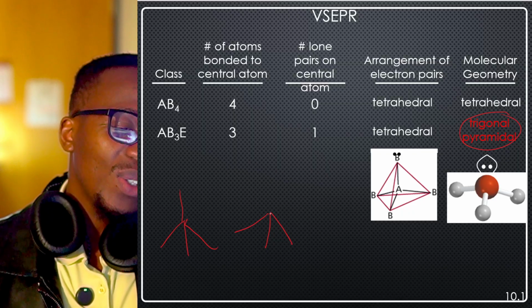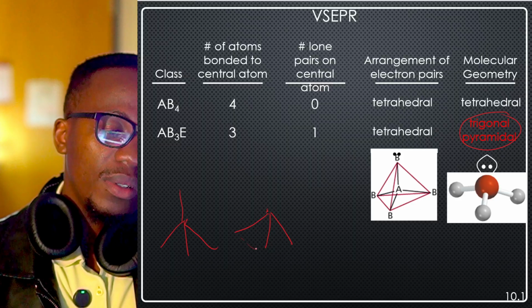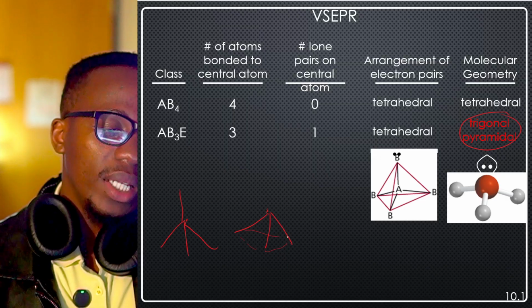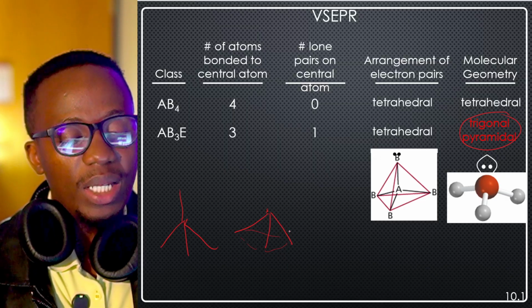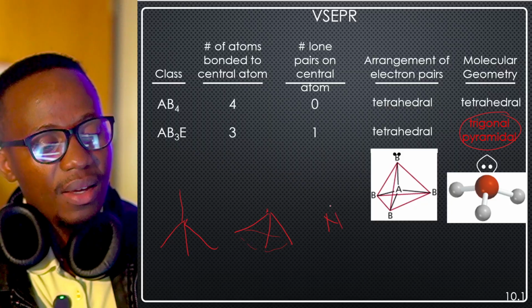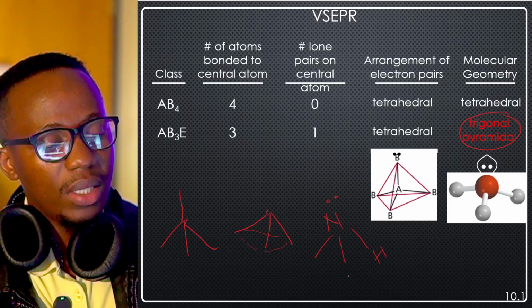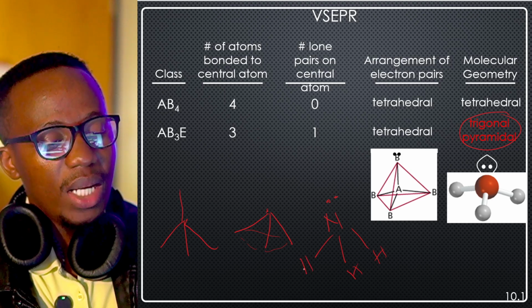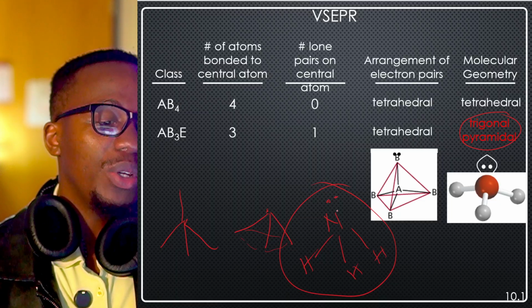It's going to be a pyramid with triangle legs. That's why it's called trigonal pyramidal. The biggest example of that is NH3. N has a pair here, and then it has three hydrogens. So if I ask you what is the geometry of NH3, it's trigonal pyramidal. You get it now?